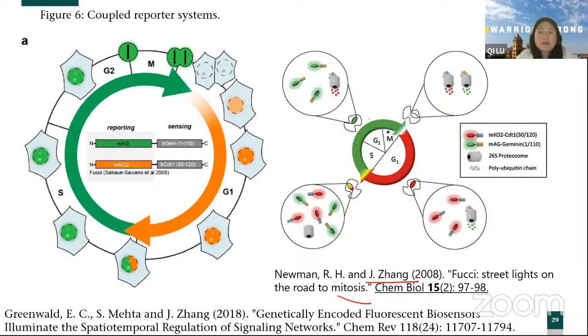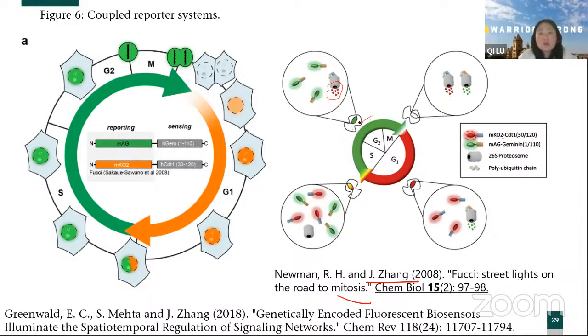So Jenny said that in the G2 status, this MKO2, because it has a red fluorescent light, is degraded in a ubiquitin-dependent process, and so only the green fluorescent is preserved.